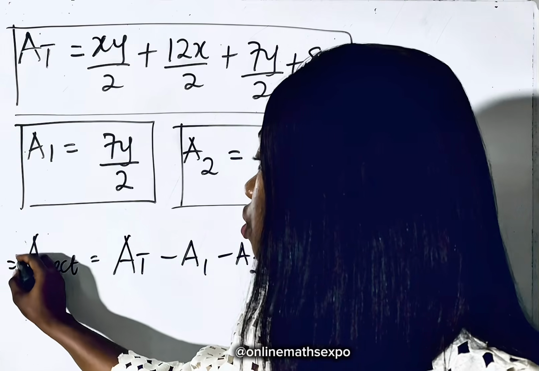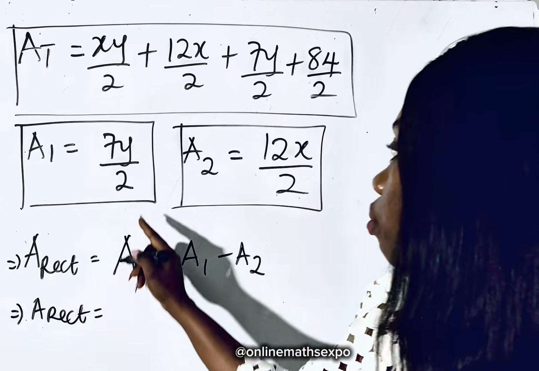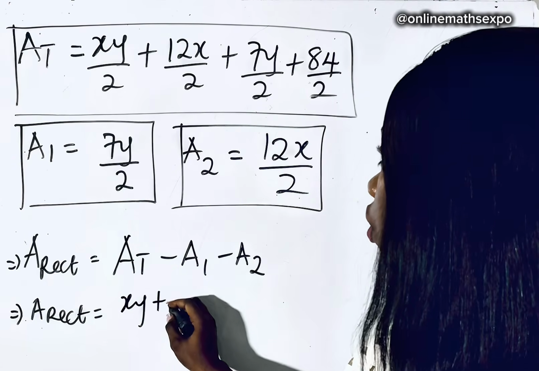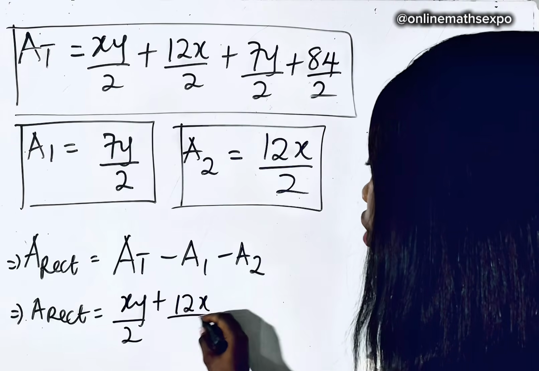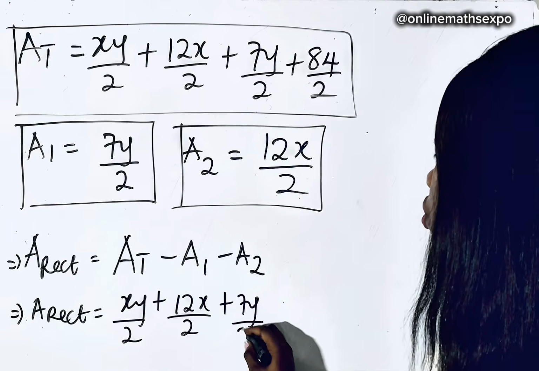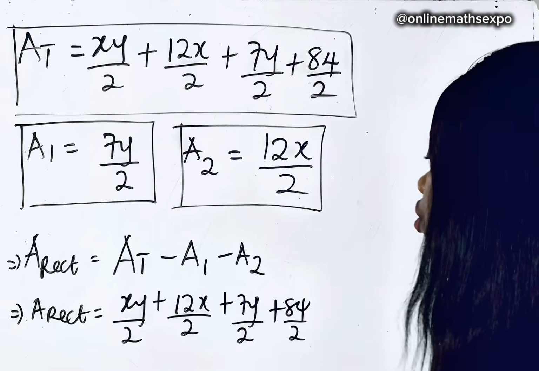So work this out. We are going to have the area of the rectangle will be the area of the triangle, which is xy over 2 plus 12x over 2 plus 7y over 2 plus 84 over 2.